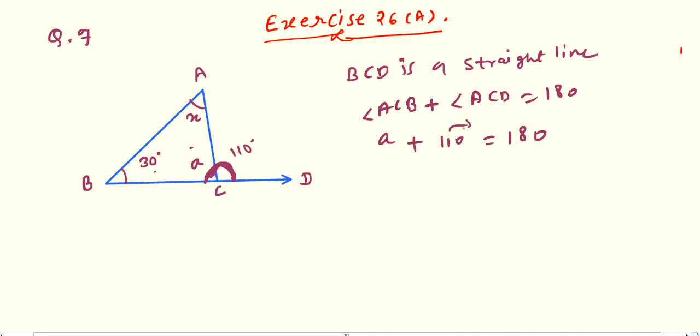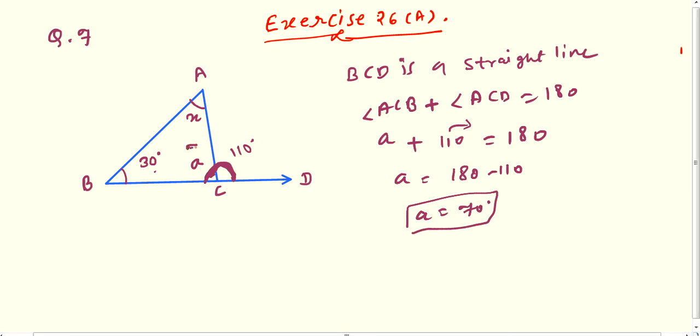Transpose this 110 to the right hand side. So a equals 180 minus 110. So a equals 70 degrees. Now we got 70 degrees. Now you can find this x. Why? Because we have triangle ABC, and in triangle ABC, angle B and C are known to you now. You can find one angle.